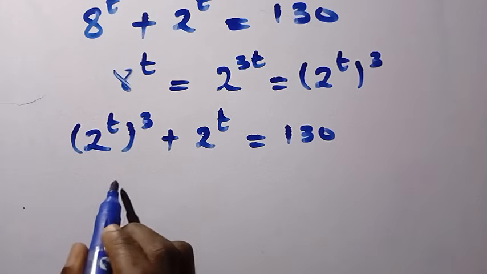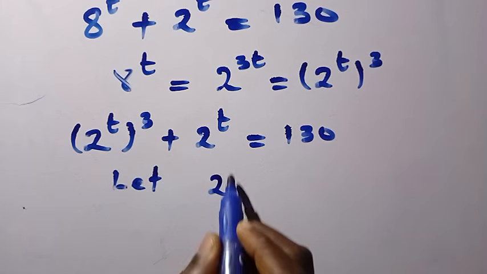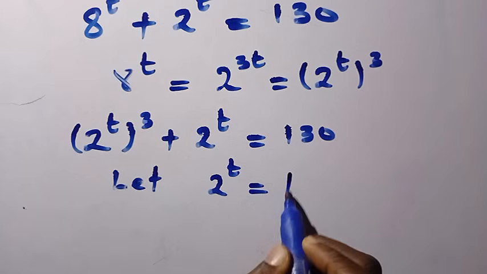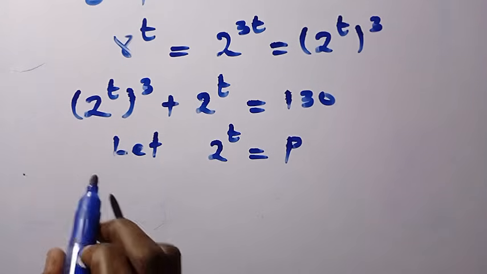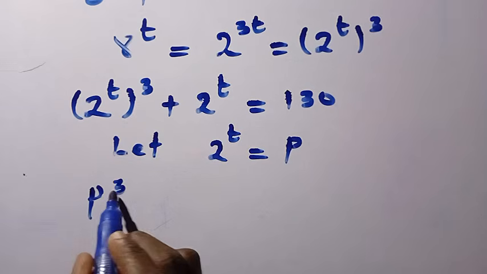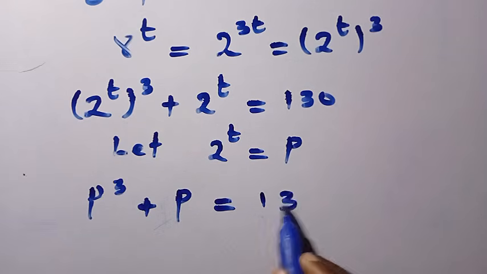Then we are going to let 2^t equal p. Therefore, we have p^3 + p = 130.